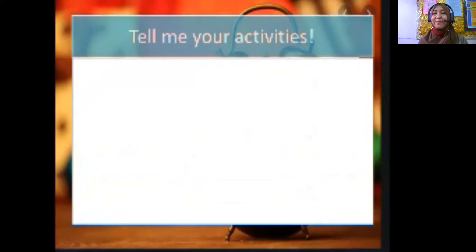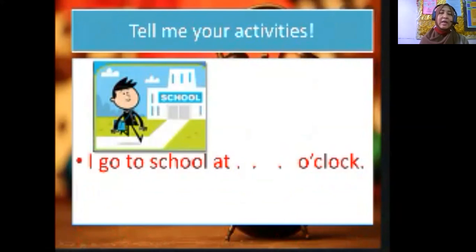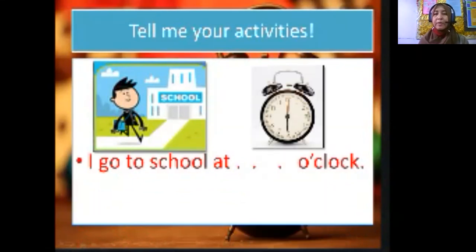I'm sure all of you wake up before 6, right? To do subuh prayer. Now, the second picture. Oh, you're not going to do this until January, right? But it's okay. He said, "I go to school at," look at the clock. Yes, it's 6 o'clock. The short needle on number 6. So the sentence will be, "I go to school at 6 o'clock."